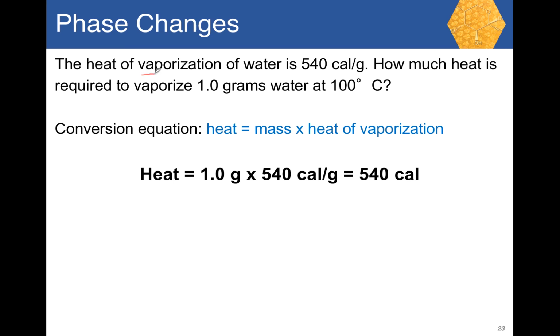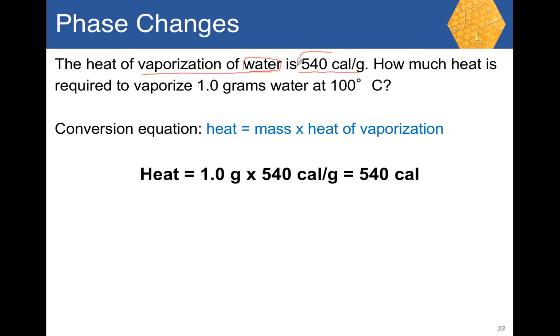The heat of vaporization, of course, notice the term now. It's heat of vaporization, not fusion. Heat of vaporization for water, specific for water, is 540 calories per gram. So it's a lot of heat that's required to take liquid water into steam.